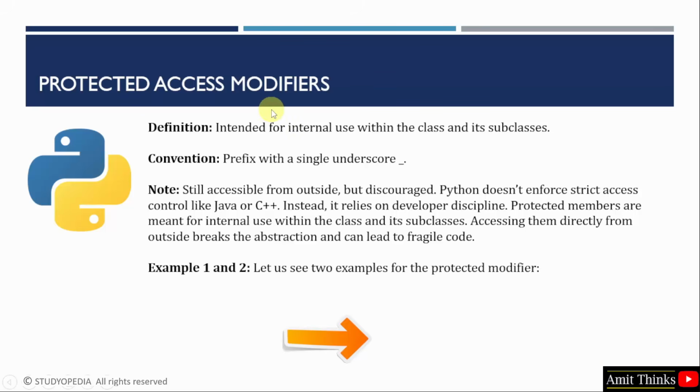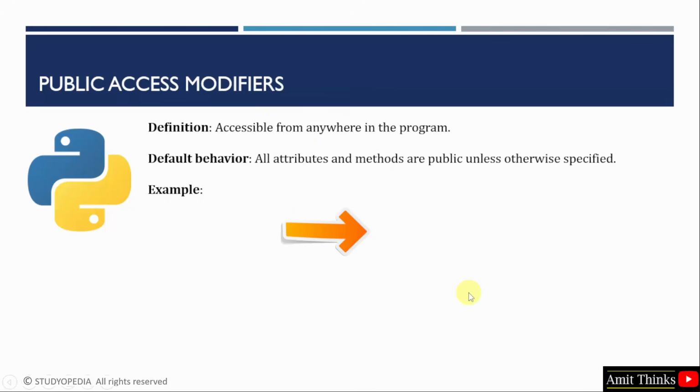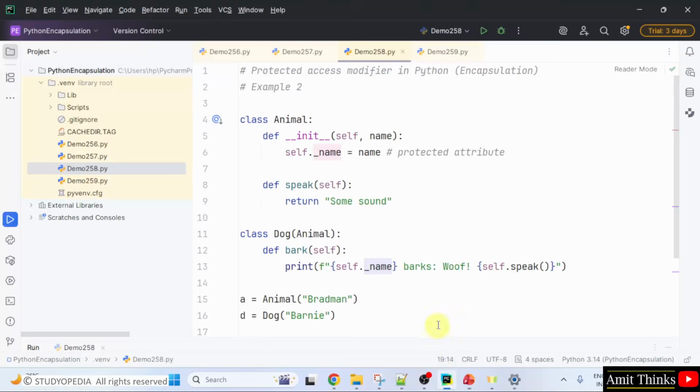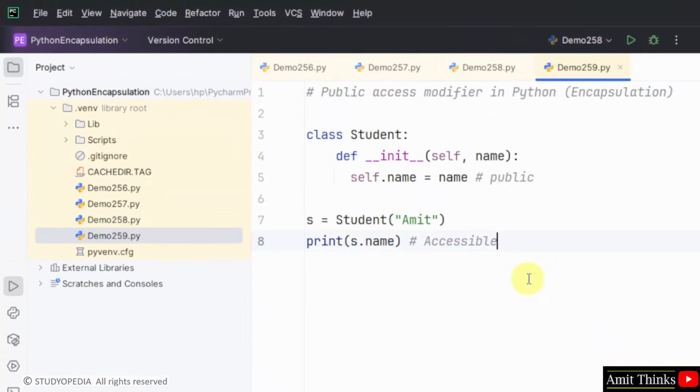So we saw the protected access modifier. Now let us see the last one, that is the public access modifier, which is accessible from anywhere in the program. All attributes and methods are public unless otherwise specified. Let us see the example. So here we have our example. We have created a class and used an object to access.